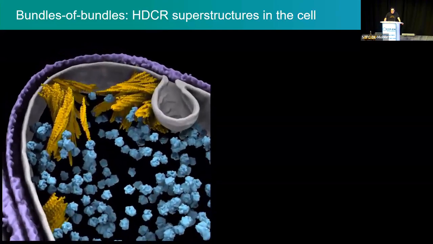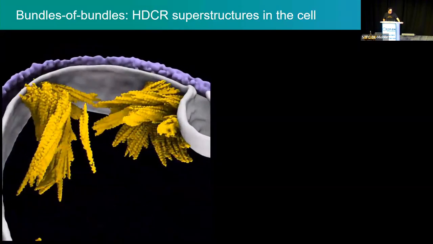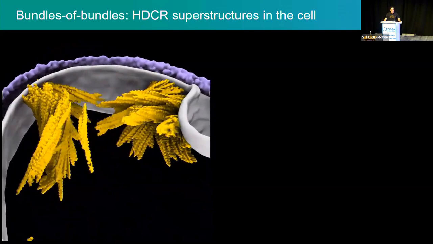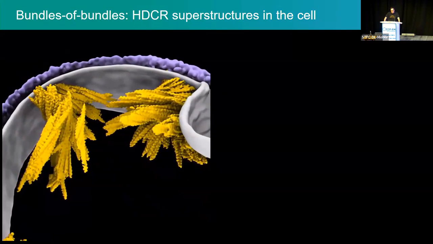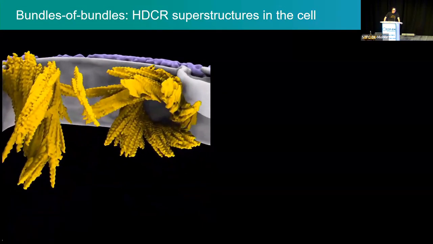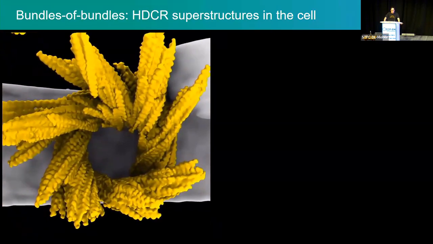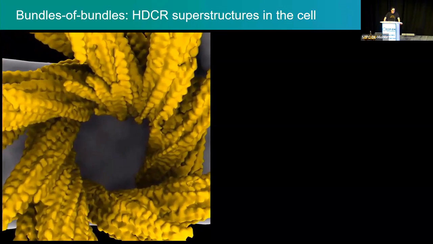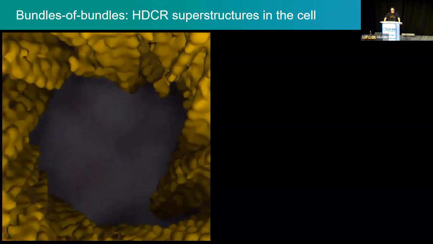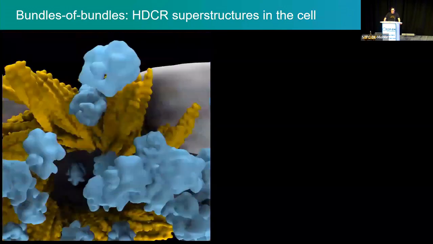And this was completely surprising to us to see this higher order organization of HDCR filaments inside the cells. And we are not sure yet why it forms these large circular bundles that we call the portals, but we think it might have to do with some concentration mechanism to increase the efficiency of the reaction even further.